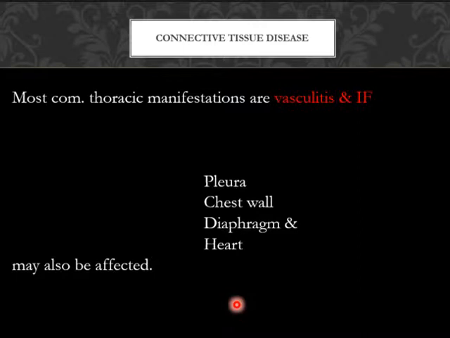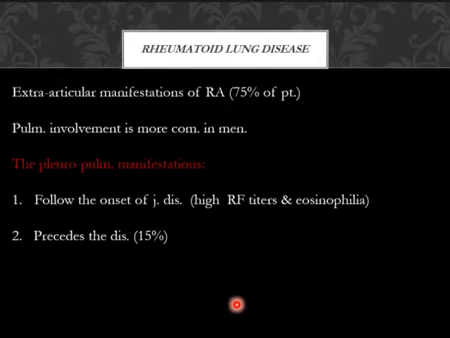Another topic is connective tissue disease. The most common thoracic manifestations are due to vasculitis and interstitial fibrosis, but the pleura, chest wall, diaphragm, and heart may also be affected. Rheumatoid lung disease, an extra-articular manifestation of rheumatoid arthritis, is seen in about 75% of patients.